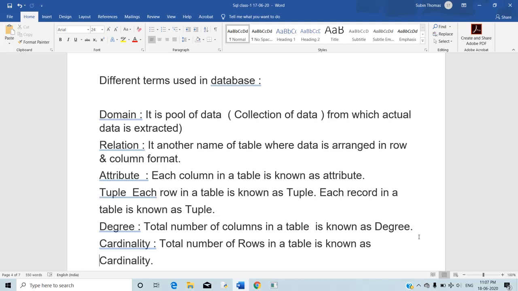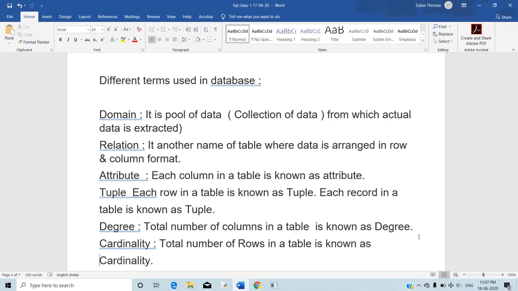Normally the age of a student studying in a school is between 5 and 15. So the whole numbers between 5 and 15 is the domain. From that domain, you are extracting the value for the age column.